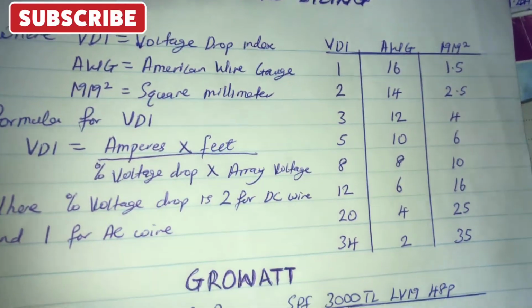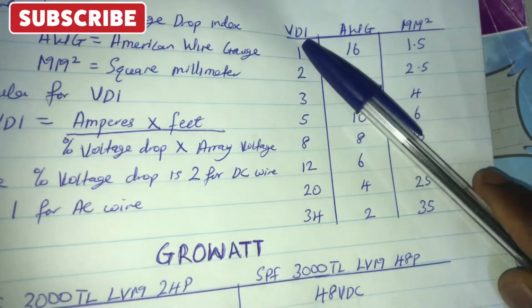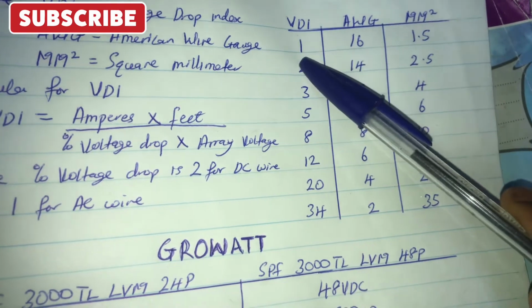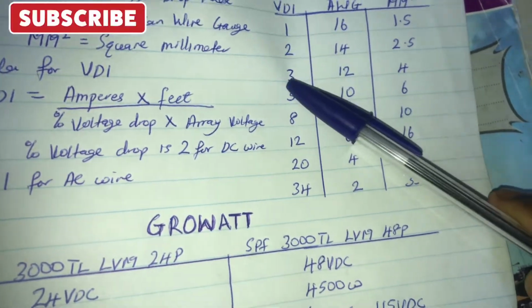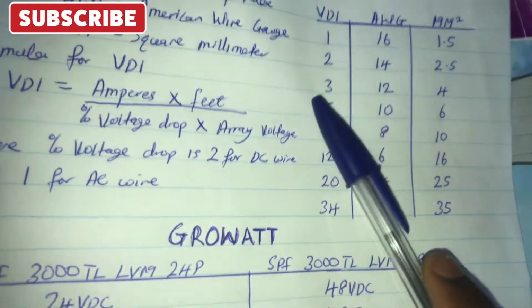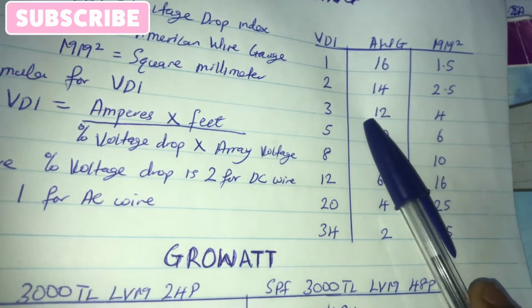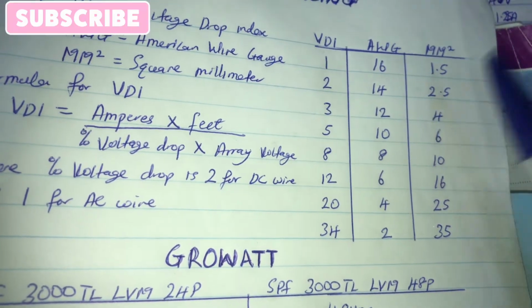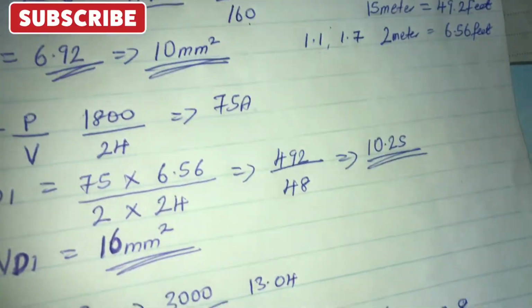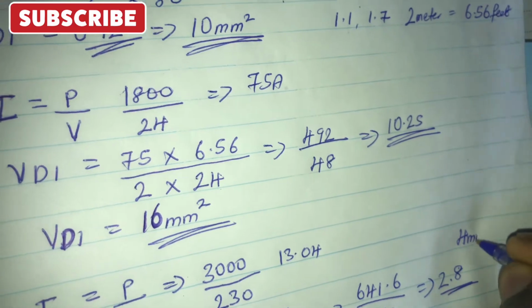Going to our data chart, we did not have 2.5 or 2.8. What we have is 1, 2, and 3. Since we have surpassed 2, the next whole number, 2.8, if we approximate this, is 3. So 3, if you are using AWG, you will use 12. If you are using millimeter square, you will use 4. So for your AC connections, you will use 4 mm.